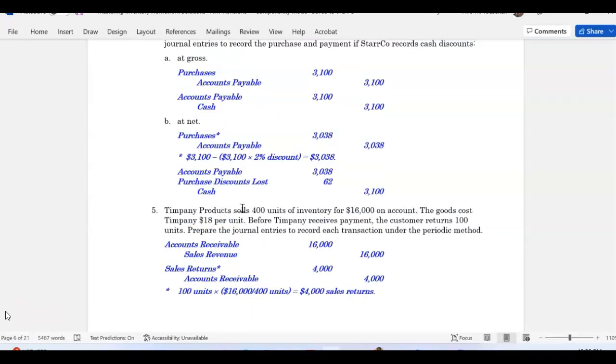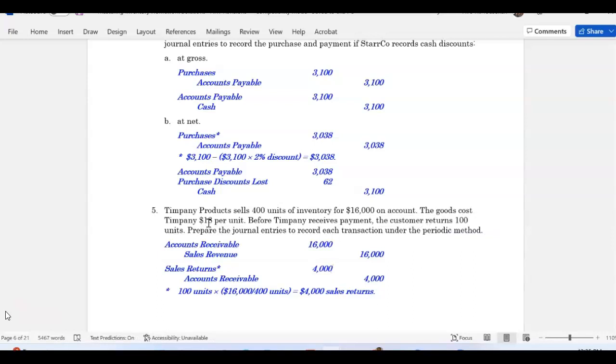Tiffany's product sells 400 units of inventory for $16,000 on account. On account, that means accounts receivable. So you record sales, credit, accounts receivable, debit. That's sales. Okay.